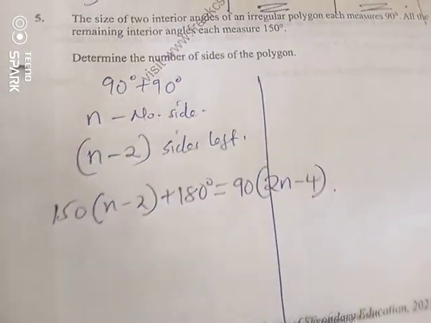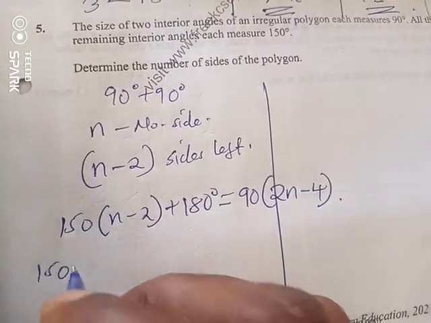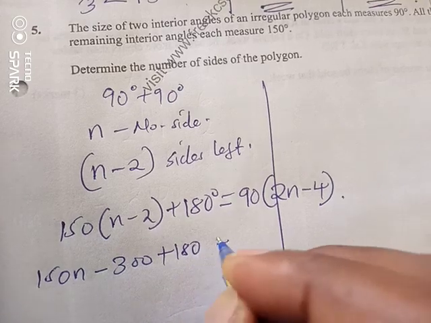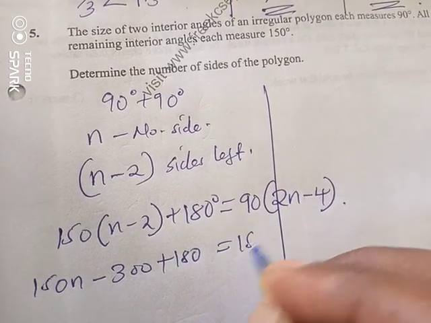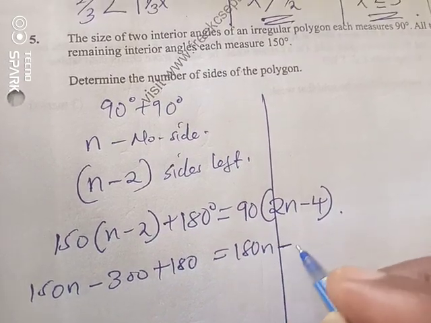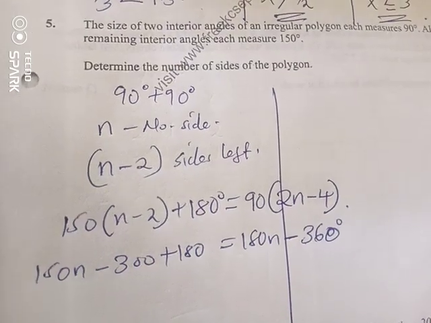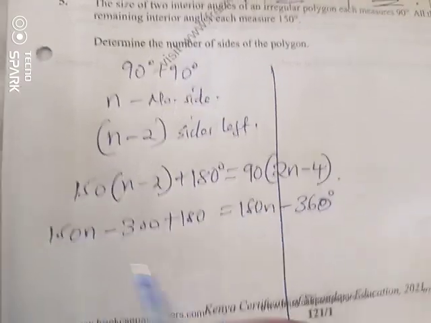So, breaking through, we shall have 150n minus 300 plus 180 is equivalent to 180n minus 360 degrees.